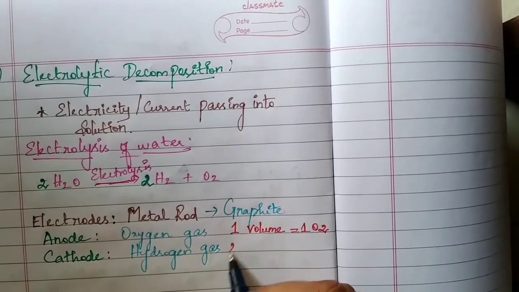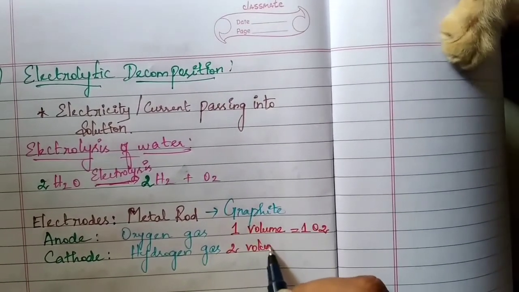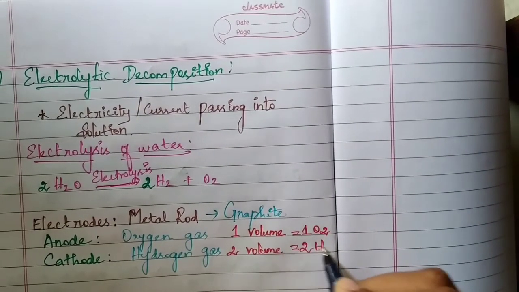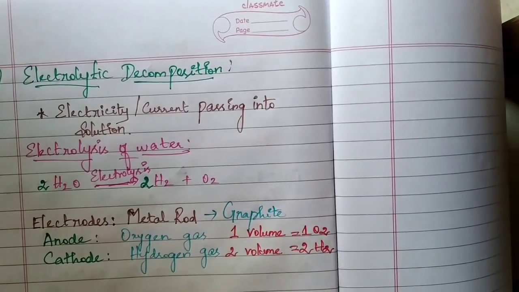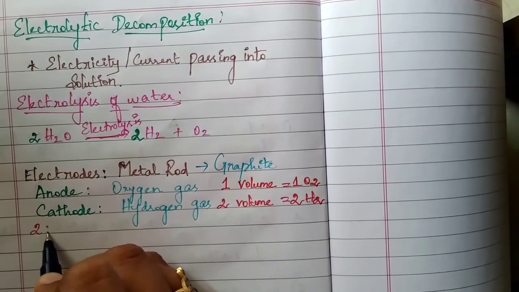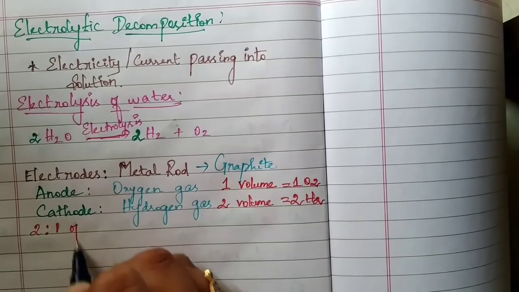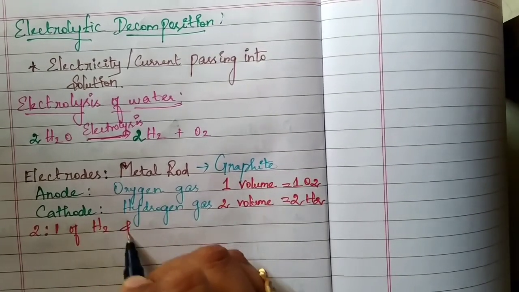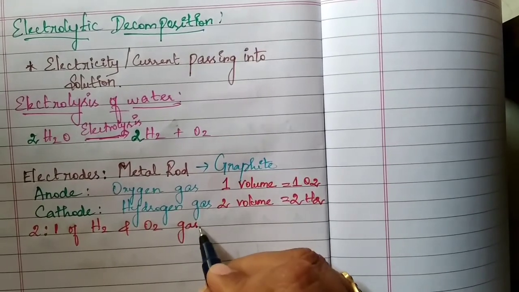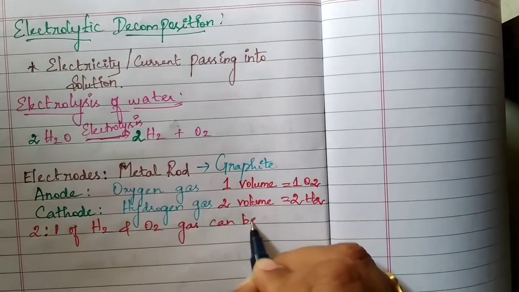But here, 2 volumes, that is 2 molecules of H2. Clear, students? So the ratio is 2:1. 2:1 ratio of H2 and O2 gases can be collected.